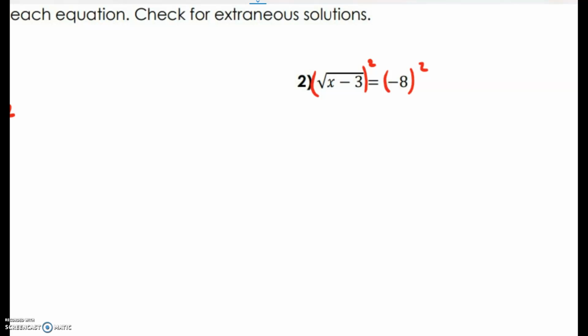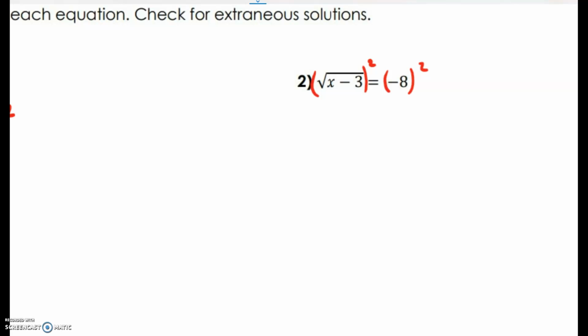Now notice every time that I square a side, I like to put it in parentheses just to emphasize I'm squaring everything. A common mistake here is that some students on the right hand side wouldn't square a negative 8, they would square positive 8, and that's going to give you a different answer. Make sure that you are squaring that whole side once you have everything isolated.